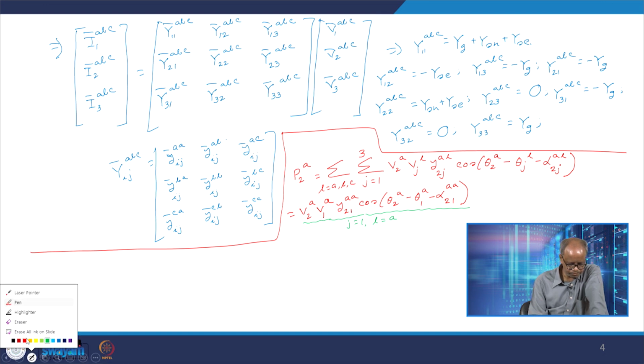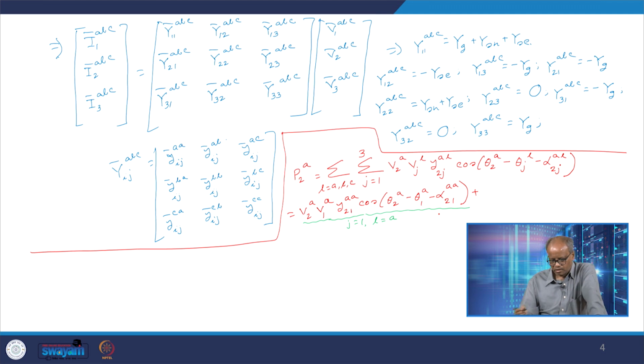Then plus. Now I take j is equal to 1, L is equal to B. So V2A, then V1B, then Y21 AB cosine theta 2A minus theta 1B minus alpha 21 AB, right?